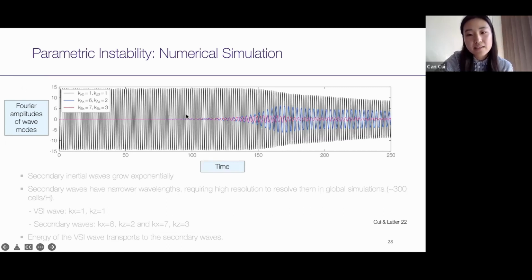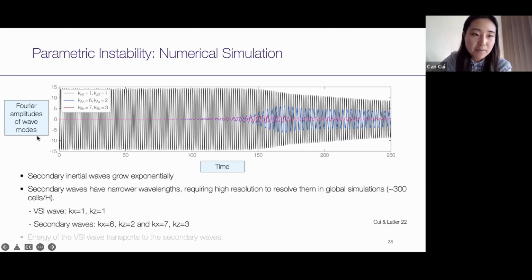To better compare the simulation results with the linear theory we derived, we'll look at the Fourier amplitudes of selected wave modes. The black curve here is the primary VSI wave, and the blue curve and the red curve are the initial wave modes predicted to grow in the linear theory. We plot their Fourier amplitudes using simulation data, and we can see that indeed these linear-theory predicted modes grow exponentially in the simulation.